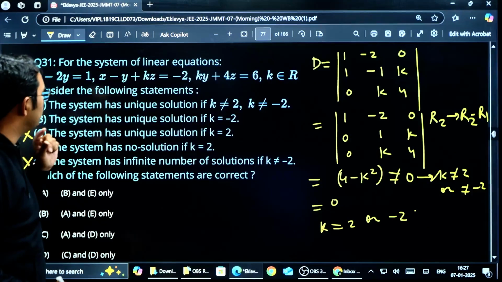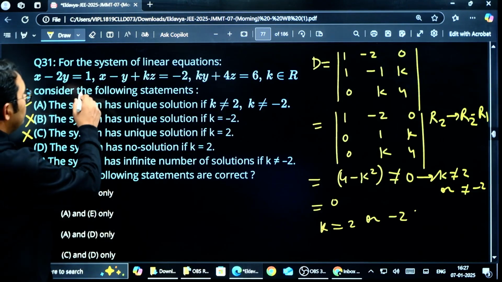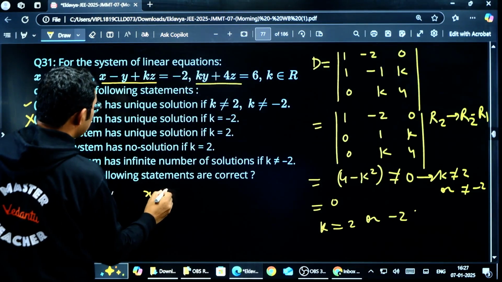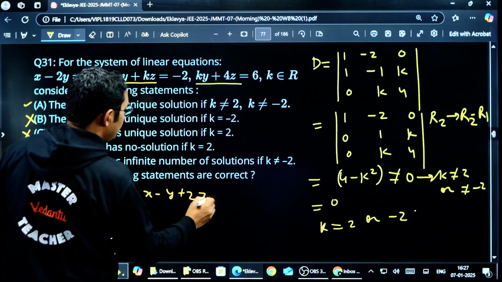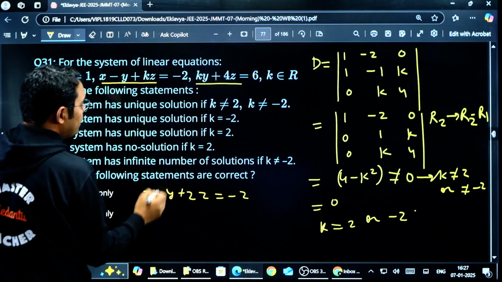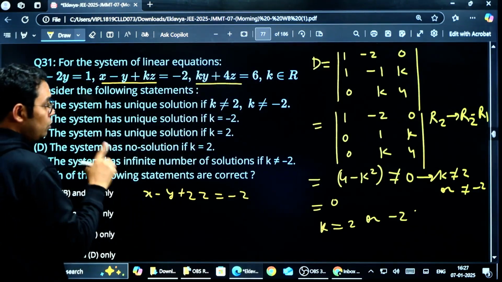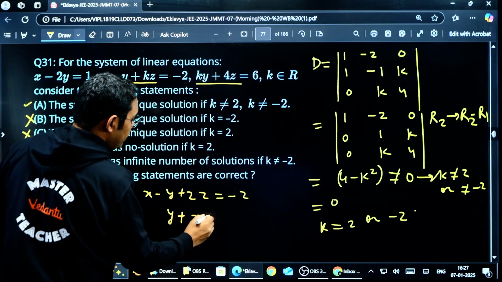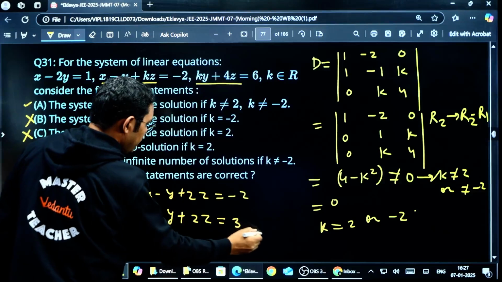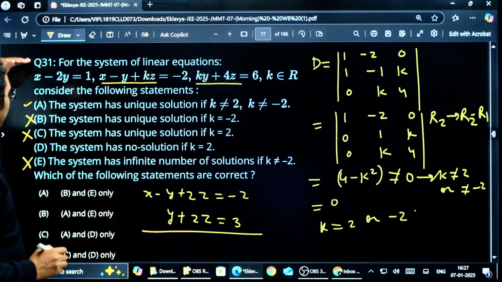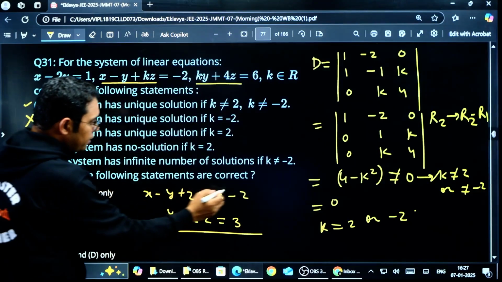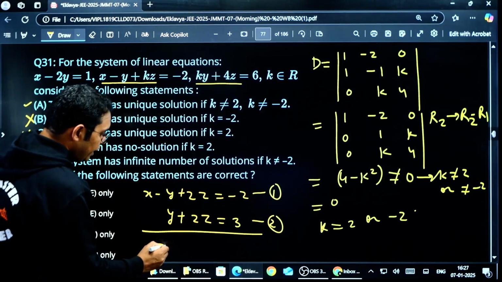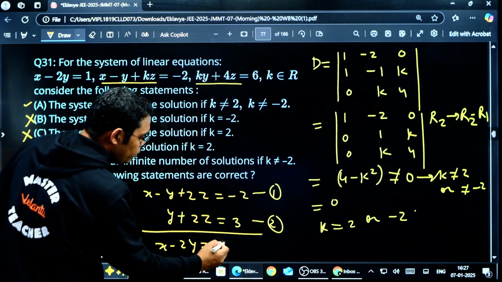The system has no solution for k equal to 2. Now if you take k equal to 2, these two equations will become x minus y plus 2z is equal to -2, and this will become 2y plus 4z. I will divide by 2 also, so 2y will become y here, and 2z here after dividing by 2, and equal to 3 here. Now the first equation was x minus 2y. If I subtract equation 1 from 2, we will get x minus 2y is equal to -5.